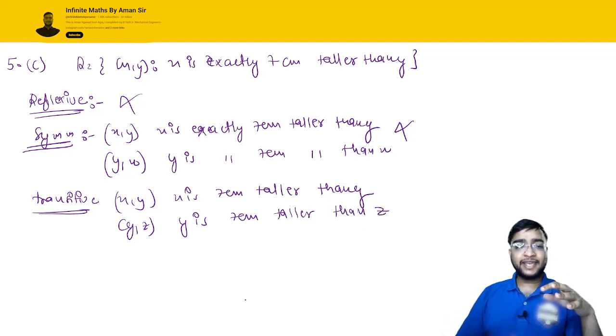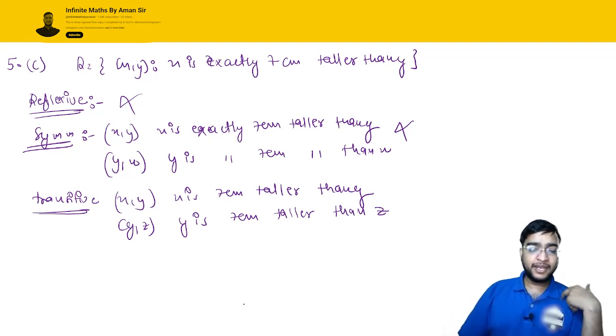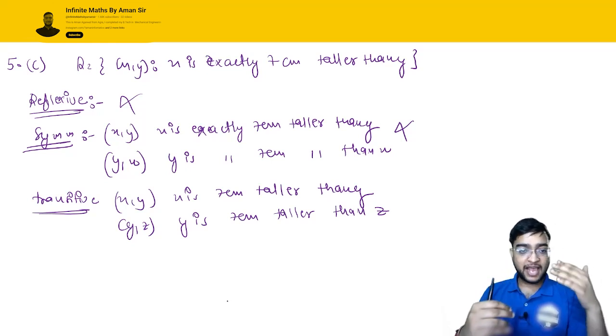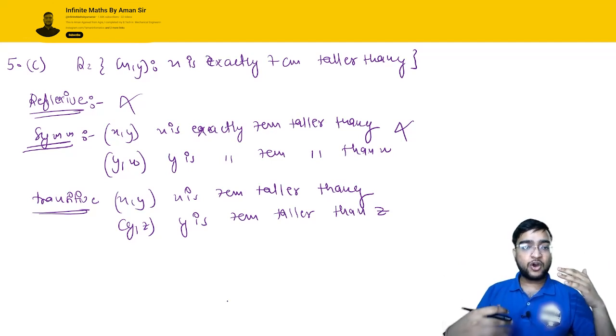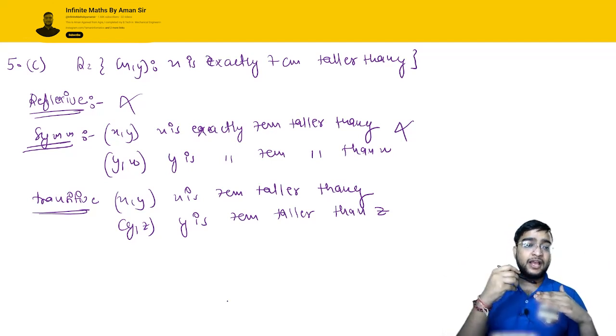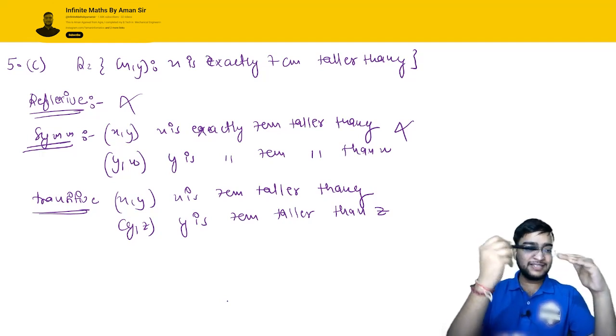Let's say me and my two elder brothers are here. I can take a series: I am x, one other taller brother is y, and one other taller brother is z here only.